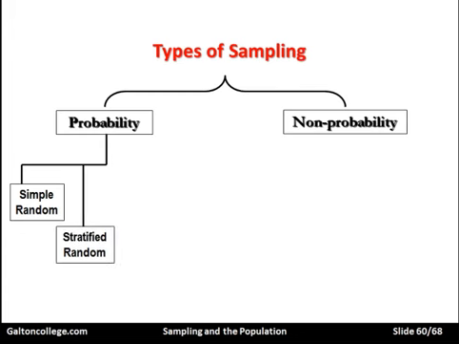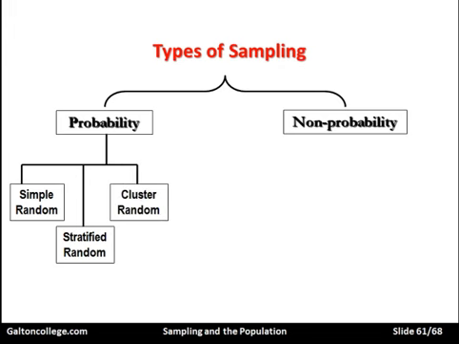We have stratified random sampling, where different strata are identified, and then random selection takes place within each of the strata, so that the researcher is guaranteeing that the various strata in the population are being represented.